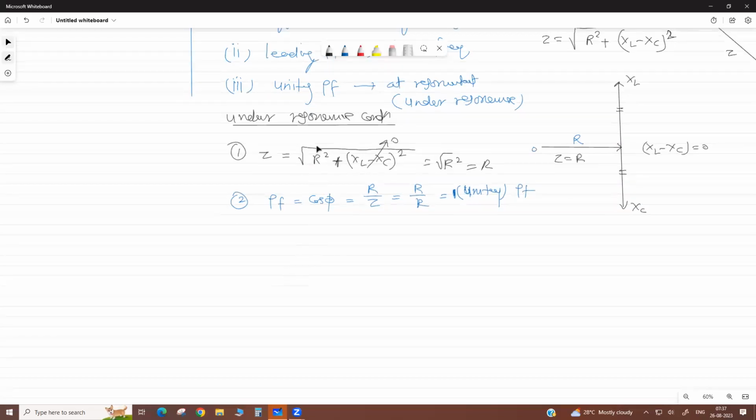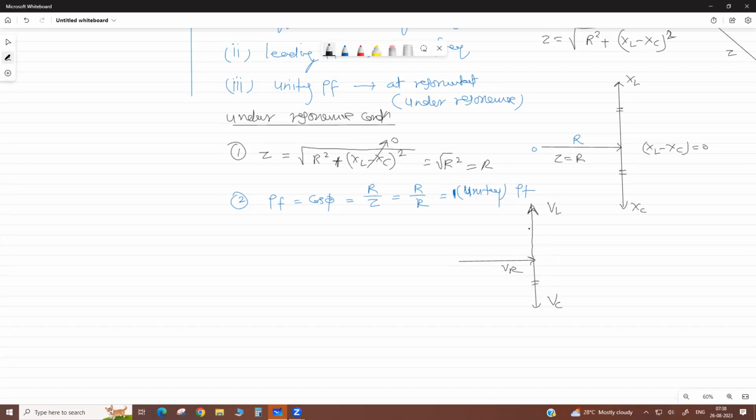This is very important. Now if you draw their voltage diagram, this is your VR, and your drop across L and C. This drops VL and VC.